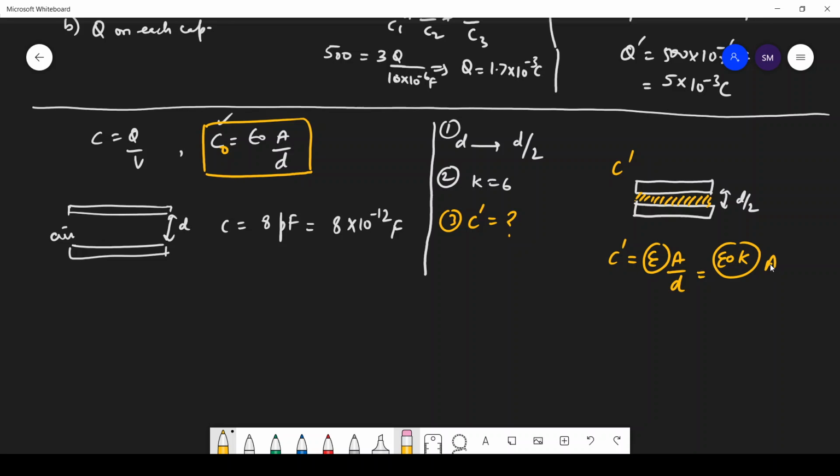Now the capacitance given to us is the C naught. For vacuum we use C naught, and for a medium we don't use C naught, so that is equal to 8 picofarad. That's given to us.